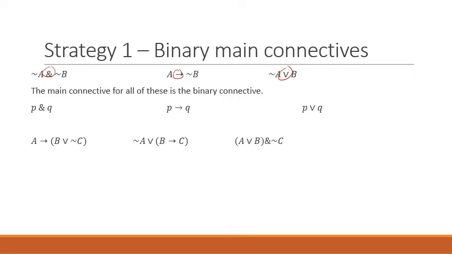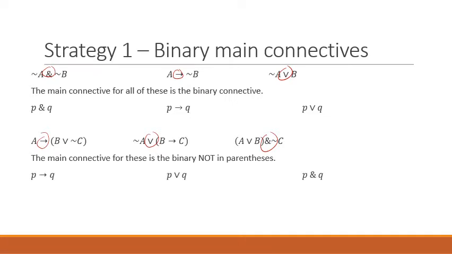Here's another situation where we have some complicated sentences. We have some stuff in parentheses now, and we have negations as well. But again, if you were doing the computing, the last thing that you would do would be these binaries, right? This conditional here on the left, this disjunction in the middle, and this conjunction on the right. The main connective of all these sentences is the binary outside of the parentheses.